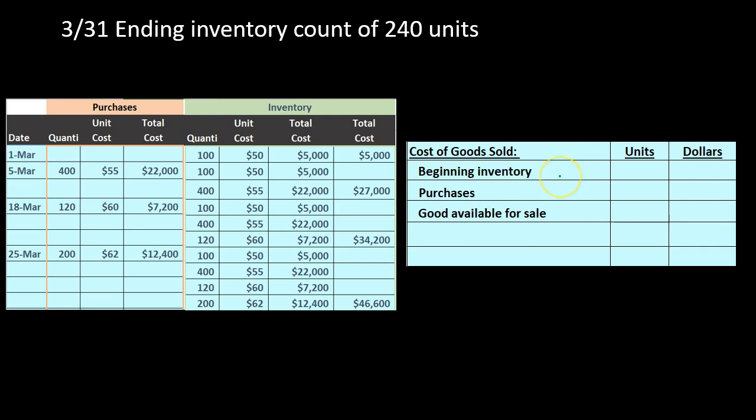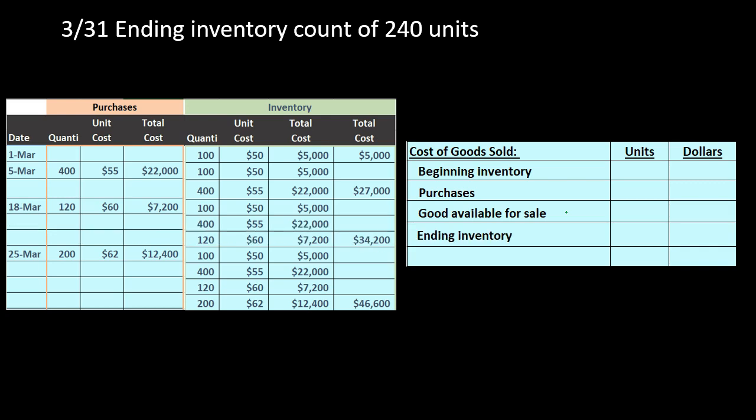So whatever we had at the beginning plus whatever we purchased through the entire month is what we could have sold during the time period. It does not mean that we had that amount at any point in time during the time period. It means that that's how much went through the accounting department or our warehouse during that time period, and therefore could have been sold at some point through the time, in our case, the month of March.